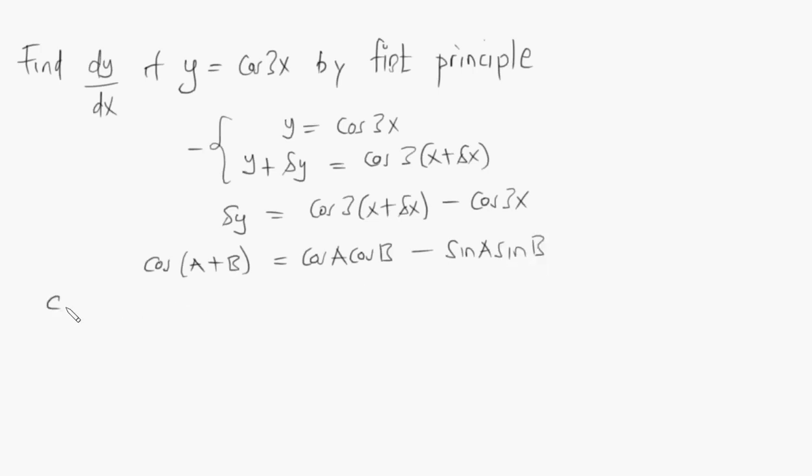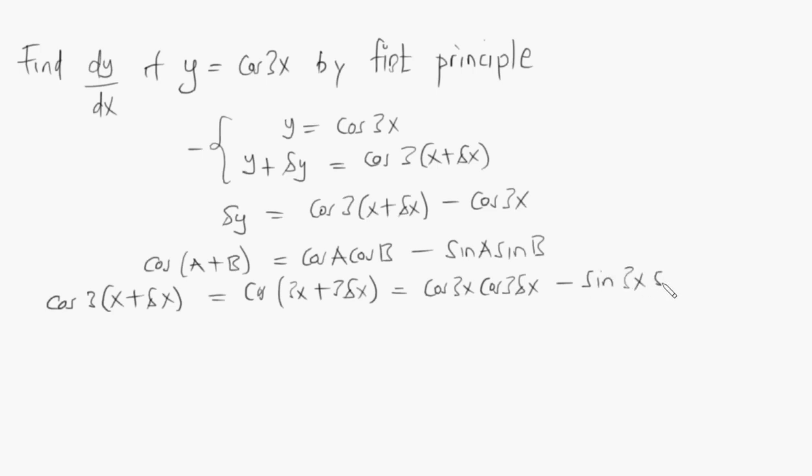Kwa hiyo huyu ambaye tunaye hapa ni cos 3x plus delta x ni cos of 3x plus 3 delta x. Kwa hiyo ni cos of 3x cos of 3 delta x minus sin of 3x sin of 3 delta x.